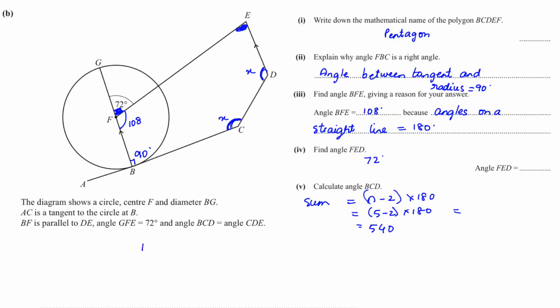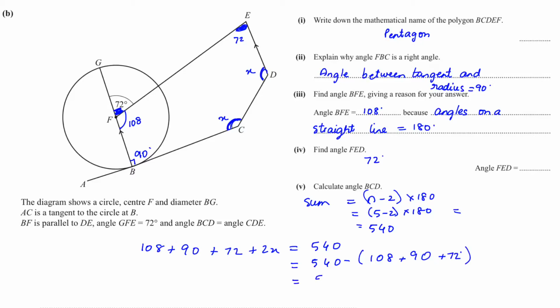Therefore, 108 plus 90 plus 72, this is the 72 we found, plus 2x equals 540. 540 minus, when we bring the numbers to the other side, it will become negative, 270 will give us 270.